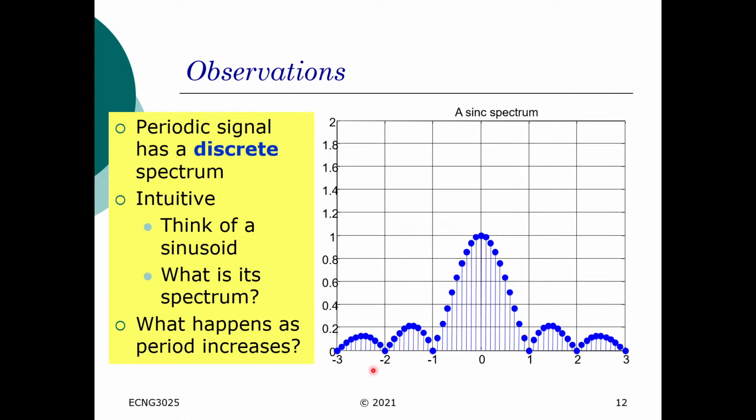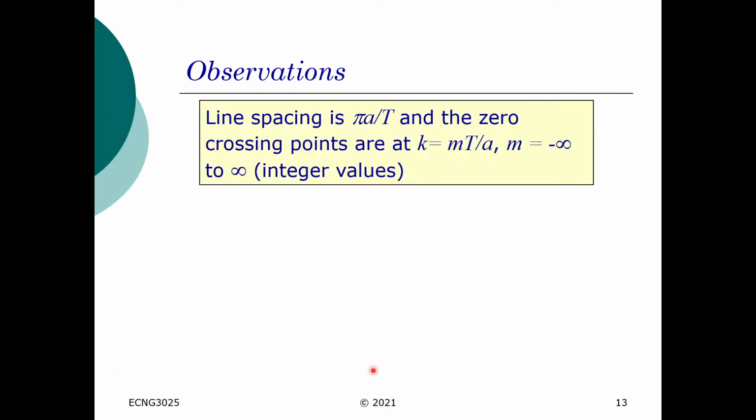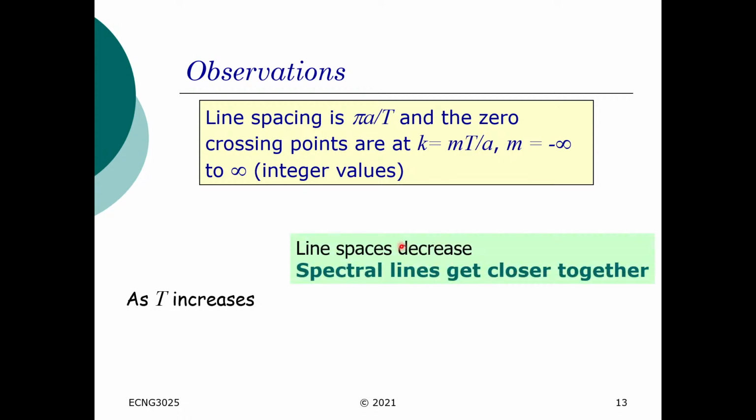So as the period increases, like I said before, that's the same thing as when we observed the effect when a increases and decreases. We obtain the same effect that we just observed on the previous slide. Because the line spacing here is pi a on T and k is equal to mT on a, as T increases, those line spacings decrease, so the spectral lines get closer together.